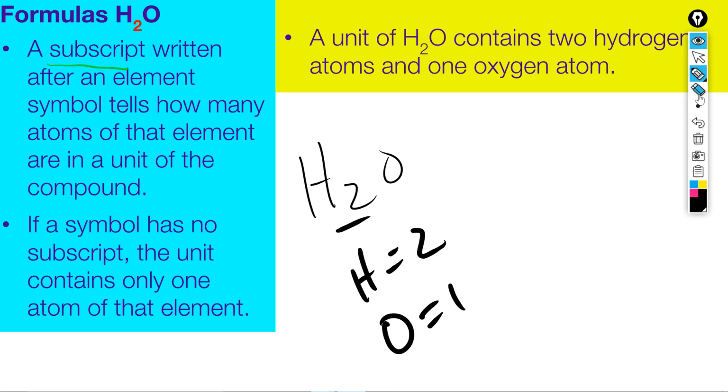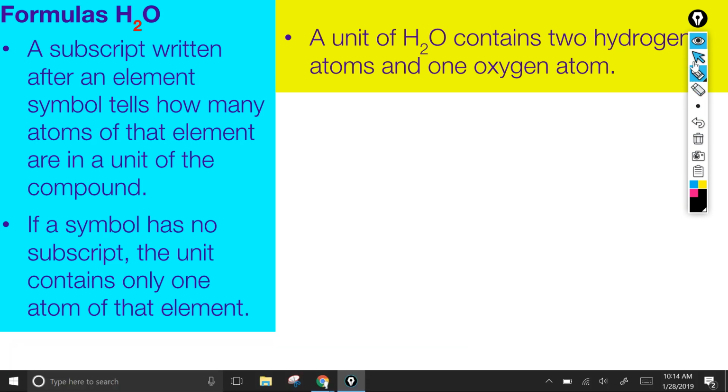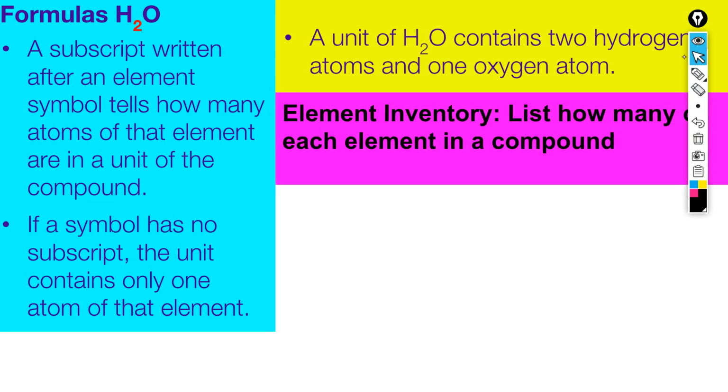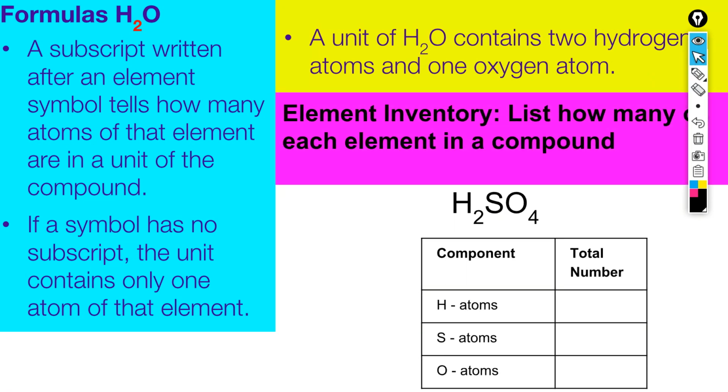The example problem on your paper asks you to do an element inventory for H2SO4, sulfuric acid. How many hydrogen atoms are there? The subscript after the letter H says 2.